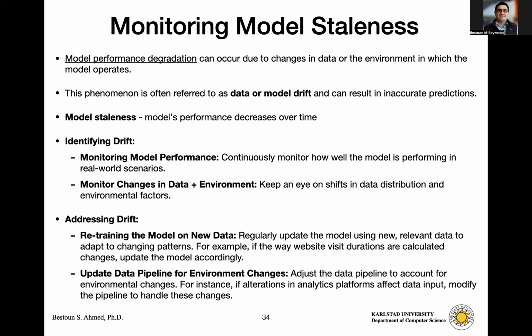If we identify some drift, how do we deal with this? The first thing to think about is retraining the model with the new data. If the data is changing, it means new data is coming, so we have to retrain the model to create a new model, archive the old model, and bring the new model into production.